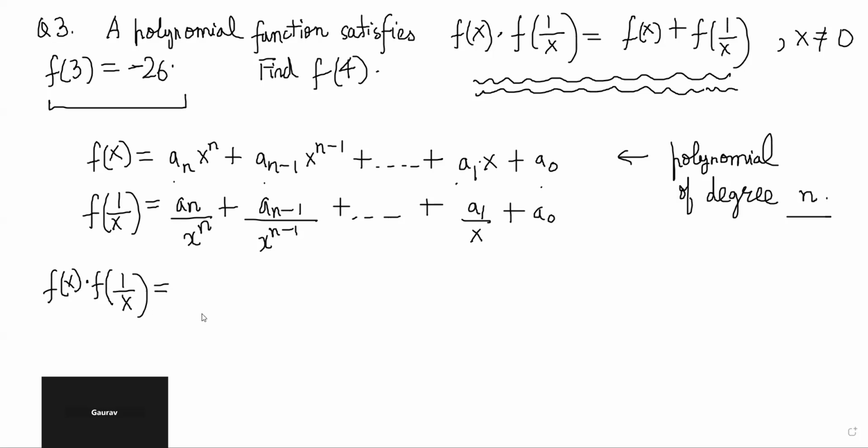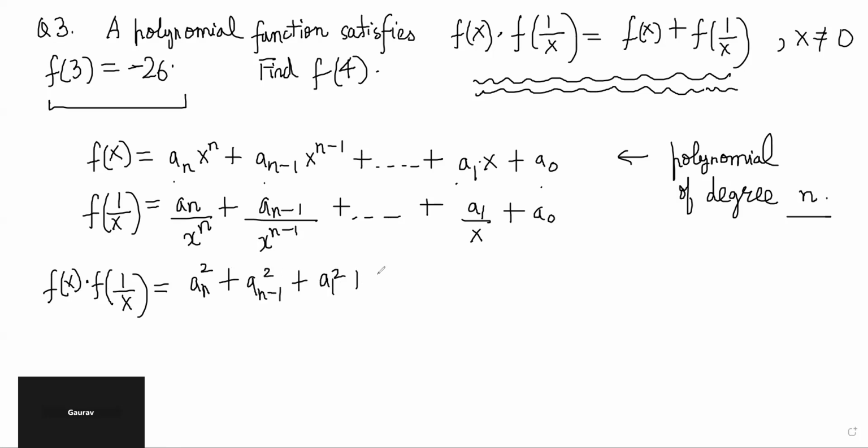If you notice, there will be one term an square, and there will be terms like an minus 1 square and a1 square till a0 square. All the squares are there. But there are many other terms also.